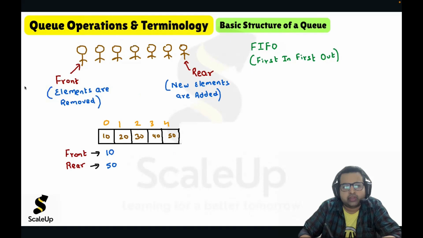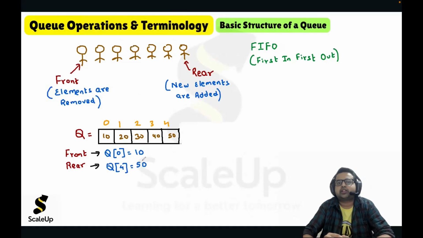Or to be more precise, you can call this array Q. If you are representing this array as Q, you can write it like this: front will be Q[0], which is 10, and rear will be Q[4], which is 50.